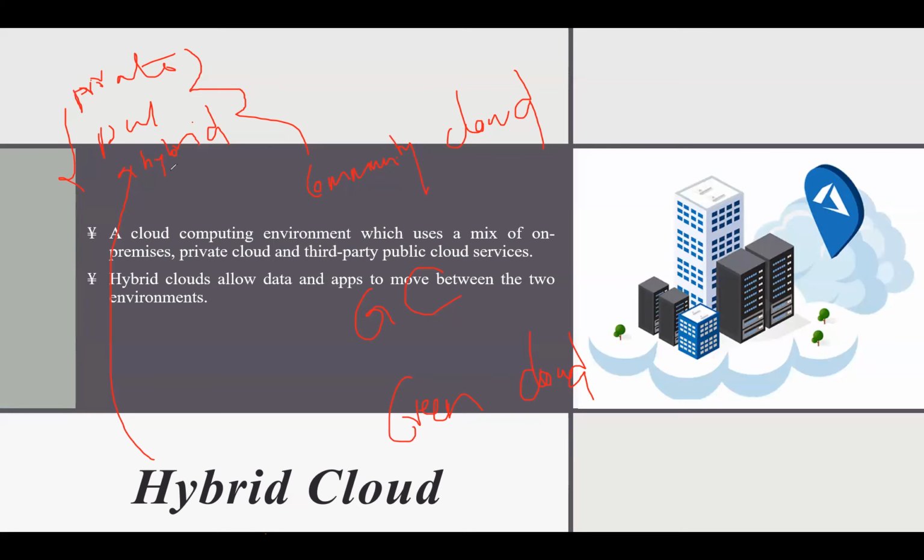But some other types you will get in your day-to-day work, like community clouds, government clouds, green clouds, quantum clouds. If you want massive infrastructure, we will say, hey, I want quantum cloud.